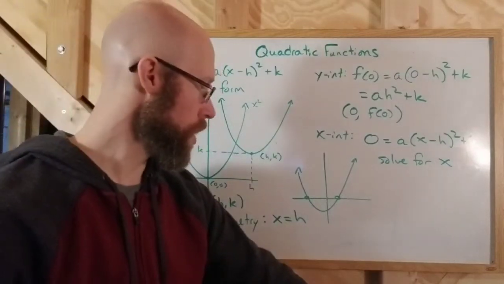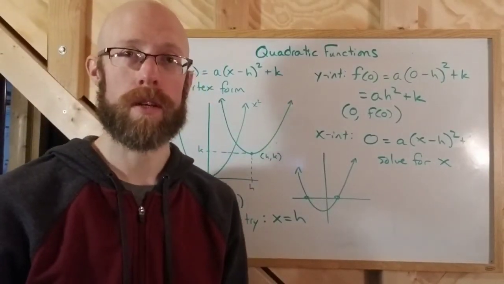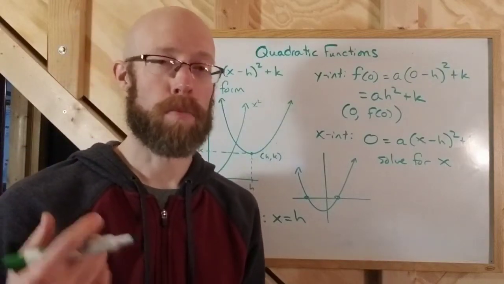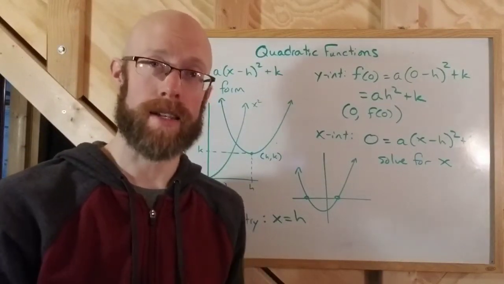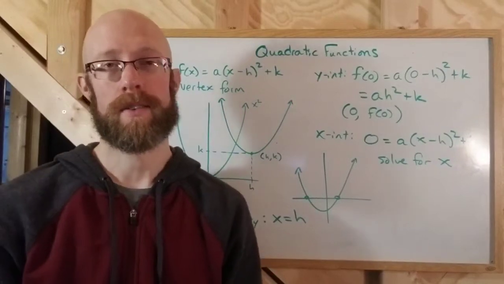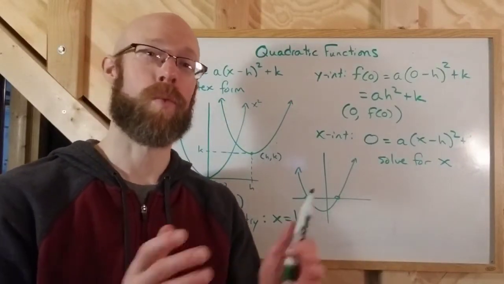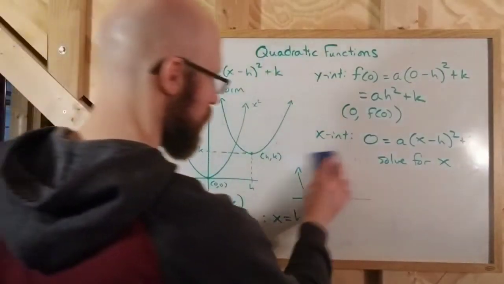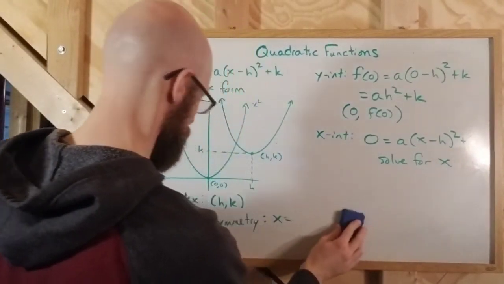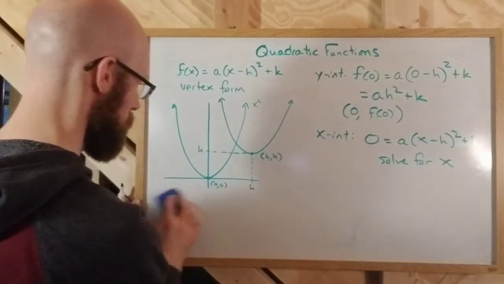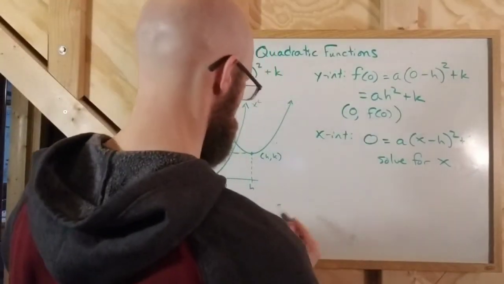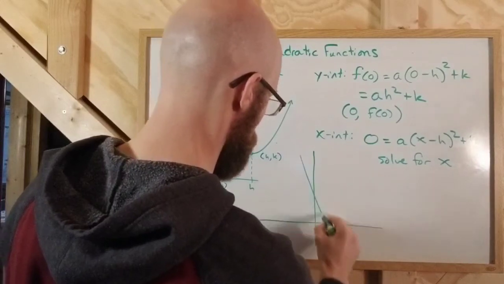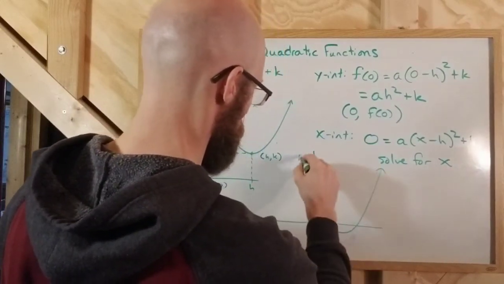There is also another very important point on a parabola, and I'm going to call it the point symmetric to the x-axis. I'm sorry, I just said that wrong. It's the point symmetric to the y-intercept. I don't know where x-axis came from. And so, if I were to sketch a graph to illustrate this better, let's say I have a parabola.